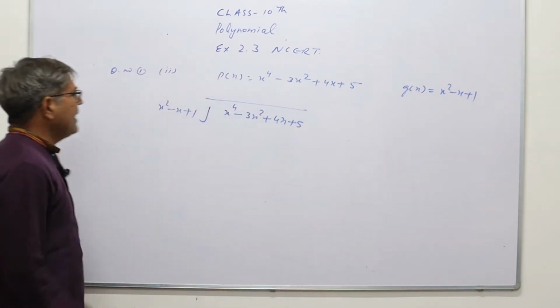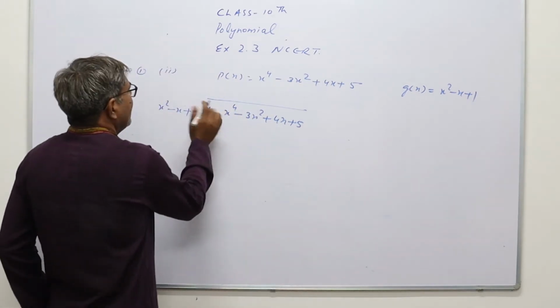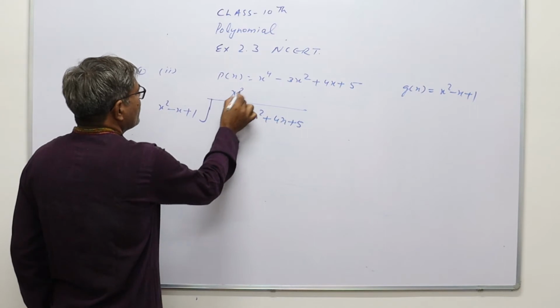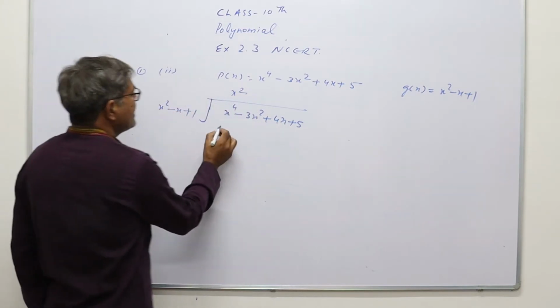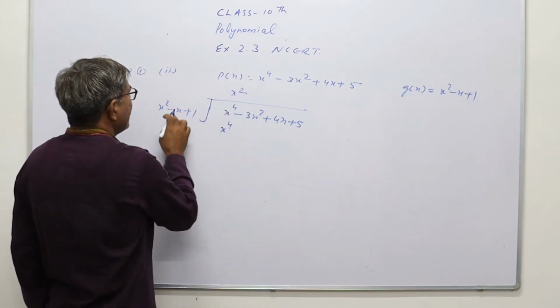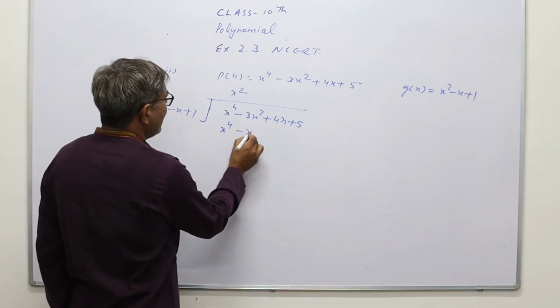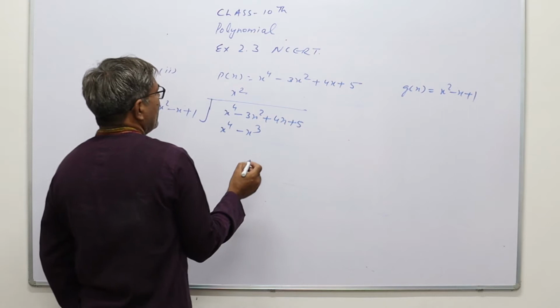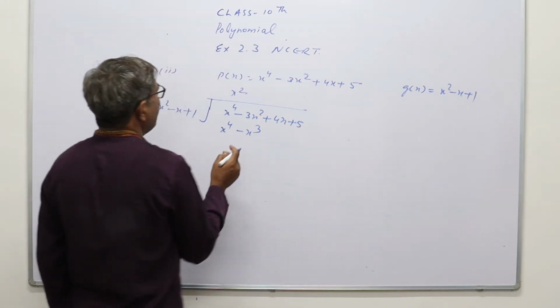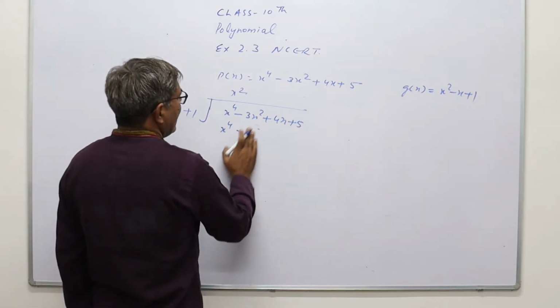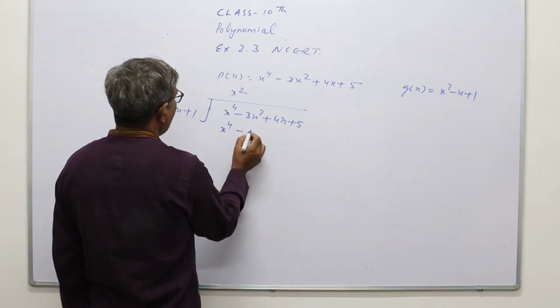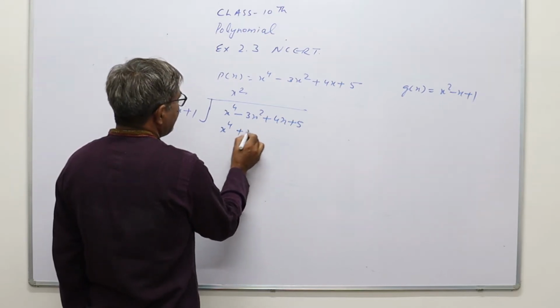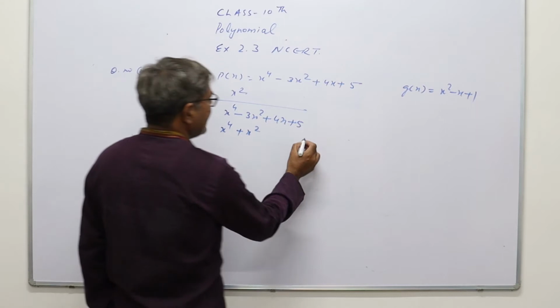So if we multiply the divisor by x square, then x square into x square is x power 4, x square into minus x is minus x cube, x square into plus 1 is x square. To write the corresponding terms, here we will write plus x square and minus x cube.